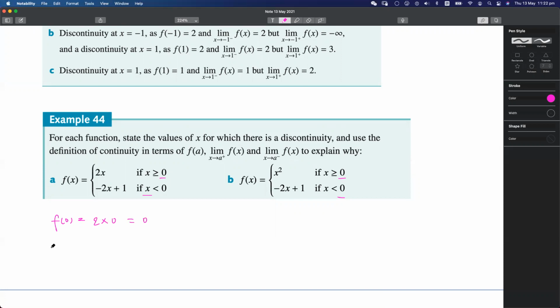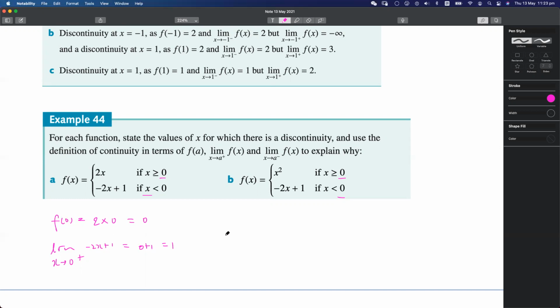And then we take the limit from 0 positive. So take a look at the other one. Negative 2x plus 1 gives us 0 plus 1, which is 1. And you're going to see that your limit is not matching the value of f of 0.